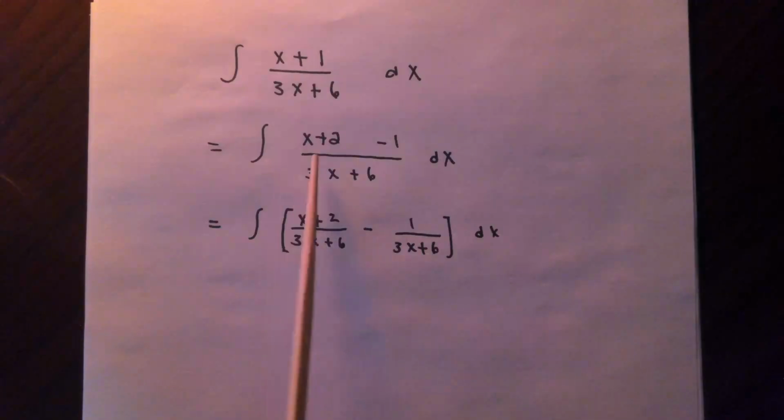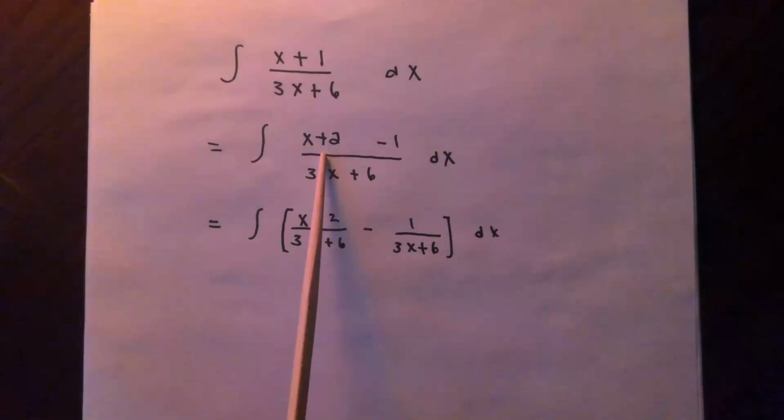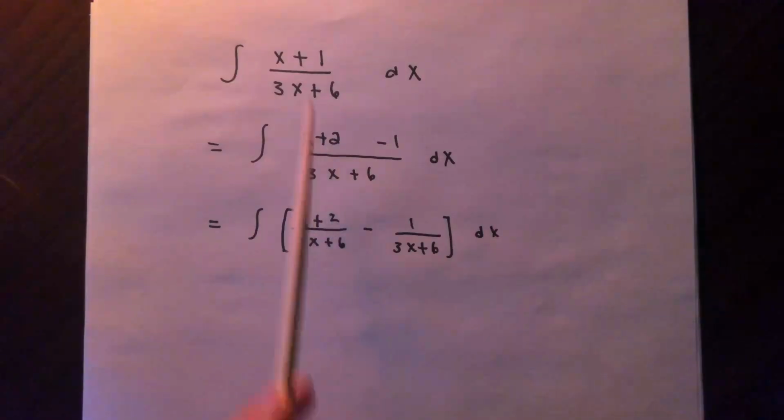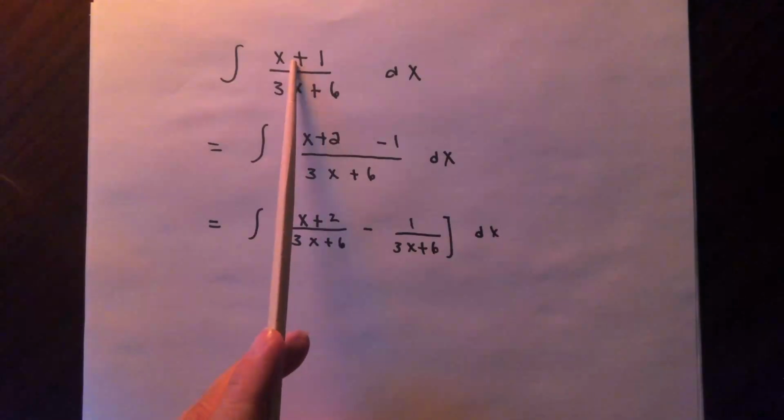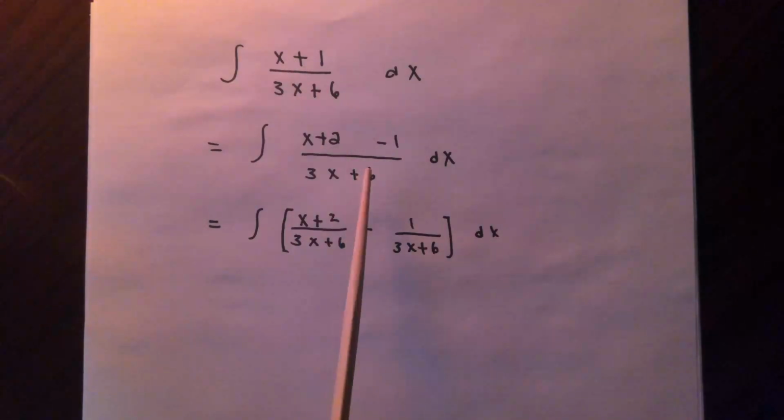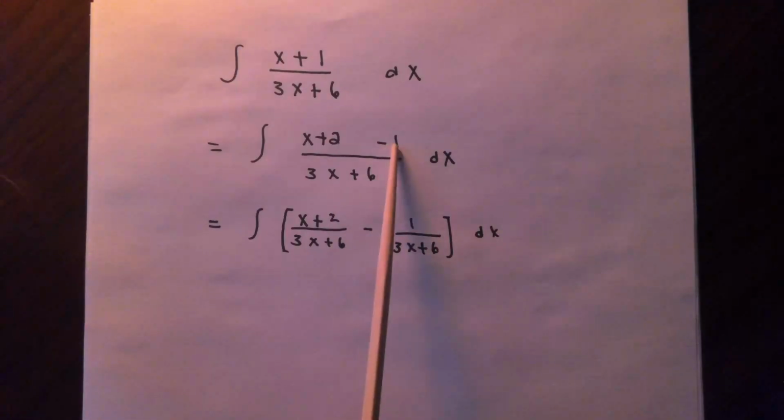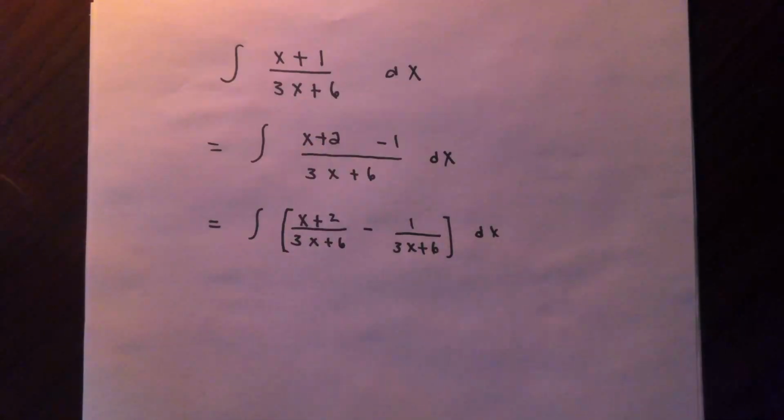So I'll write it as x plus 2, which is not right because it's no longer equal to x plus 1. I'll balance the books by subtracting 1 back off upstairs. This is still x plus 1 upstairs. I've just got it written in a rather strange format.